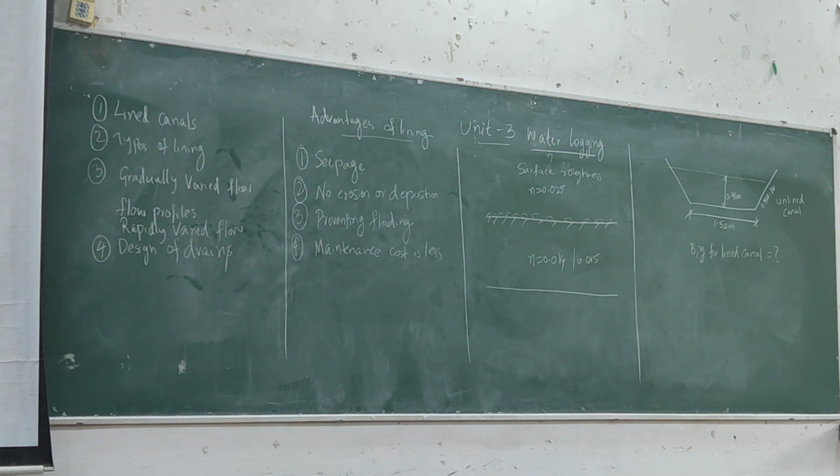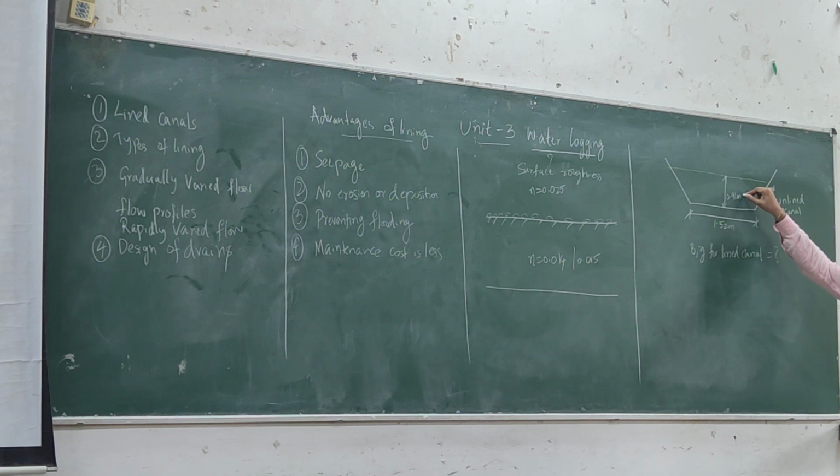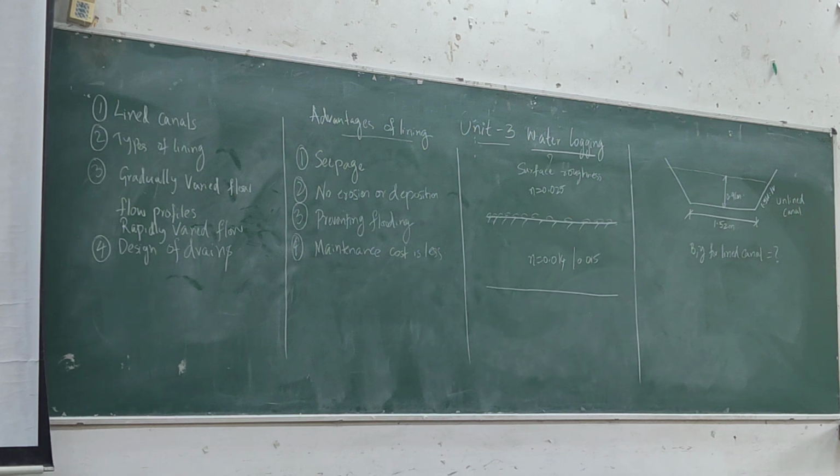The only data we are given is the bottom width and the flow depth for an unlined canal and the side slopes. So how do we start with this data?